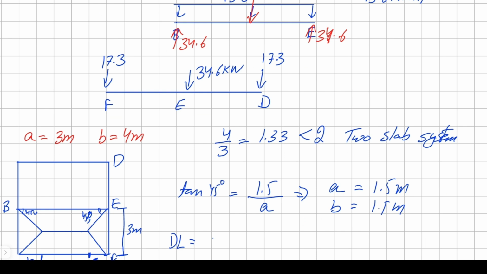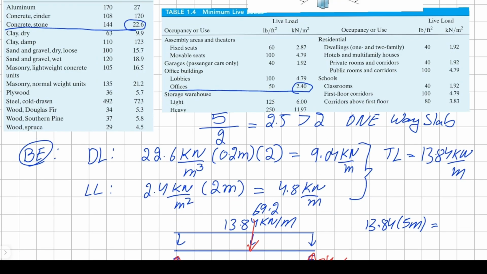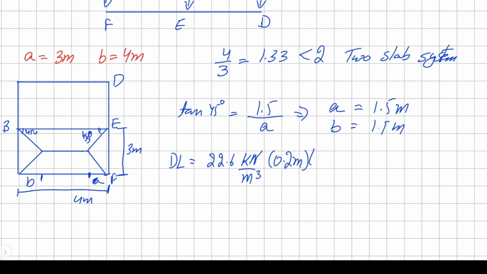So 22.6 kilonewton per meter cube times 0.2 meters for our slab thickness times the span, which is 3 in this case.